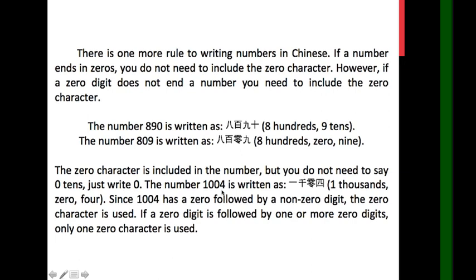The number 1004, for instance, is 1, then 1000, then 0, and then 4. Ibig sabihin, you can just write 0 once, kahit marami pa sila. Since 1004 has a 0 followed by a non-zero digit, the 0 character is used. If a 0 digit is followed by one or more zero digits, only one 0 character is used.